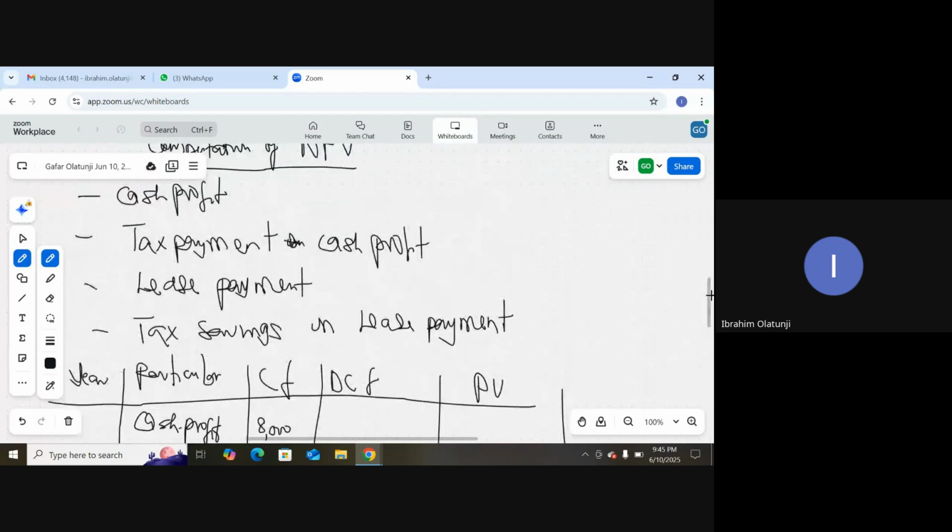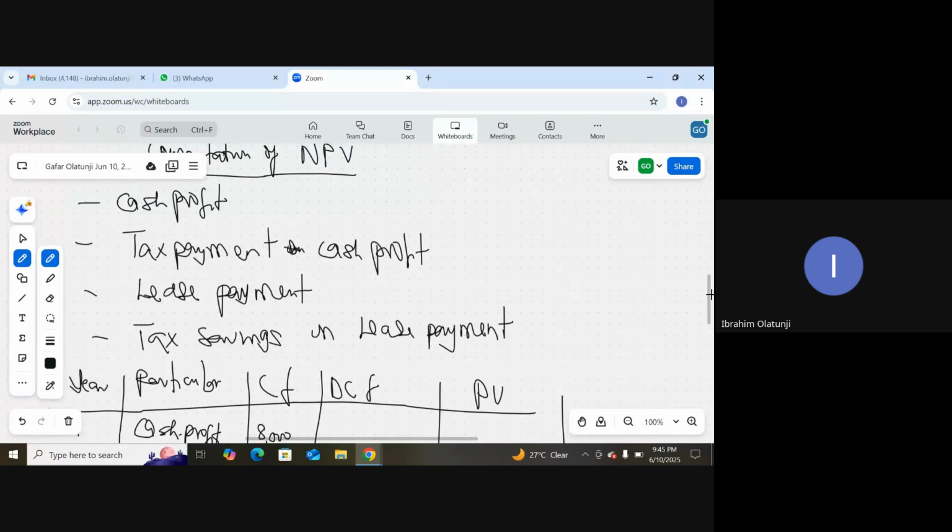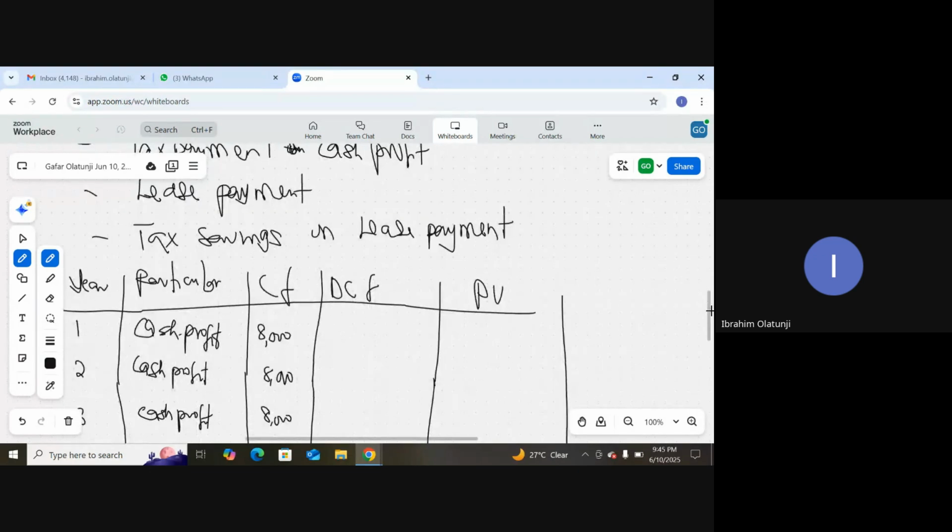Now, after that, you also need lease payment. Lease payment simply means your initial deposit. If you want to lease the asset, what is the initial deposit of that asset? So let's read the question.